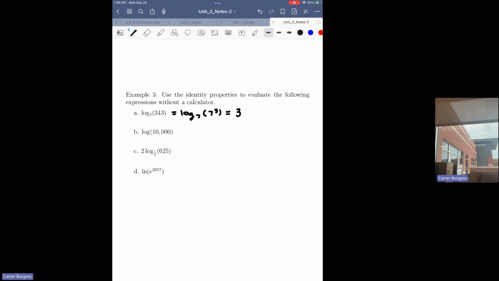A quick way to do it for 10 is just count the number of zeros. So 10 to the 4th will be this. So you rewrite this as log base 10 of 10 to the 4th. What power do I have to raise 10 to equal 10 to the 4th? 4.